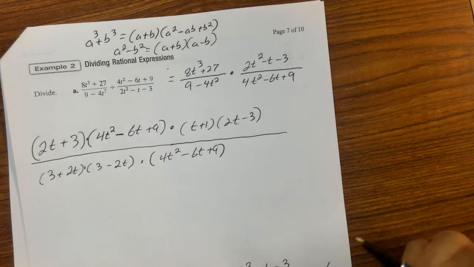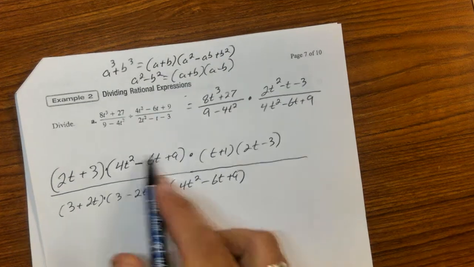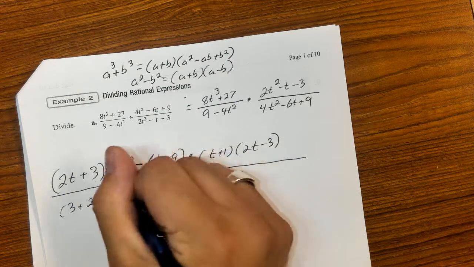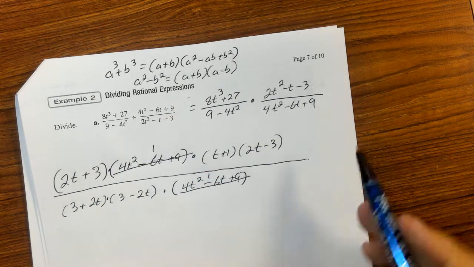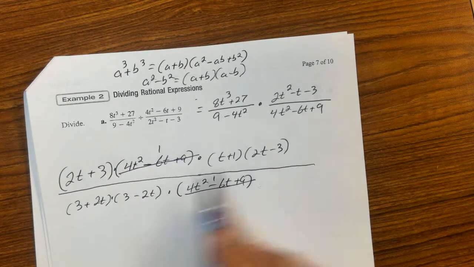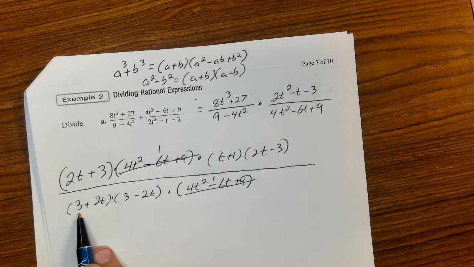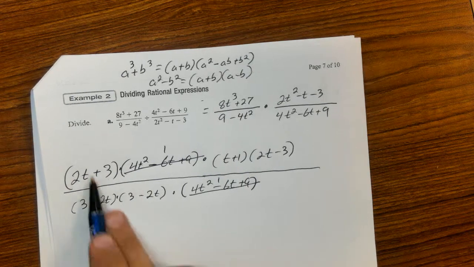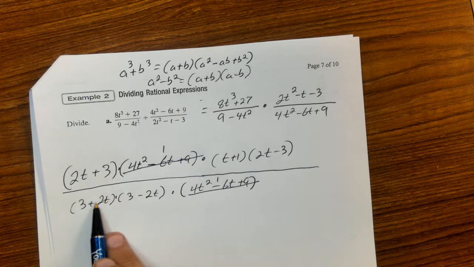So now we can go ahead and start simplifying. The easy one is actually going to be the trinomial divided by the trinomial. So this trinomial divided by that trinomial is 1 over 1. Here's the interesting factors. 2t plus 3 and the one right over here, 3 plus 2t, these are actually identical factors, because of the commutative property of addition.